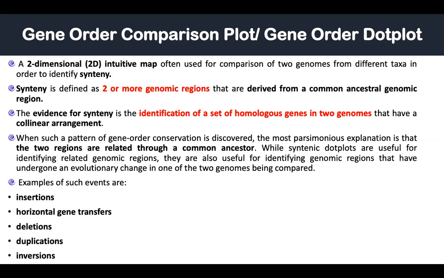So when you see that the genes are arranged in a similar order, you can quite confidently say that they are most likely related through a common ancestor, and hence they still maintain the gene order arrangement. While syntenic dot plots are useful for identifying these syntenic genomic regions, they are also useful for identifying genomic regions that have undergone an evolutionary change in one of the 2 genomes being compared.